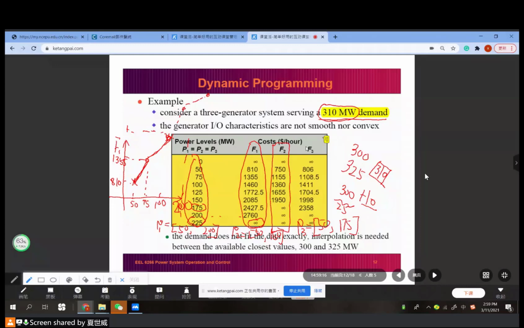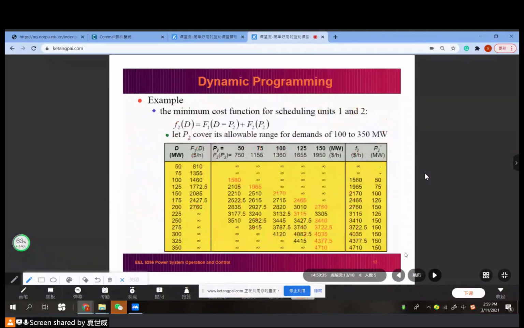Then we calculate 3 generators to support the total load. It's in a similar way. That means first we use just a few generators. Then we add 1 generator. Then we add 1 more generator until we add all the generators to find the best solution. This is the logic.